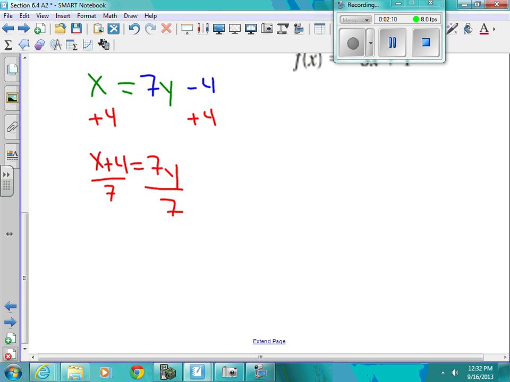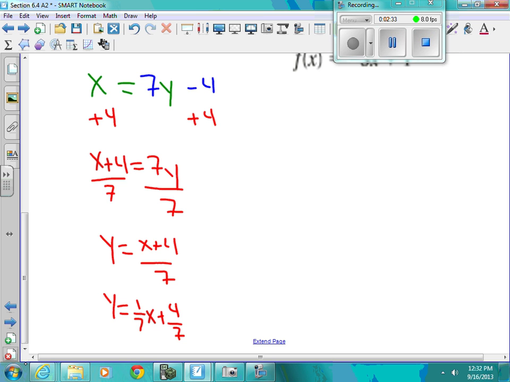And we end up with y equals (x plus 4) over 7, or y equals 1/7 x plus 4/7. Let's write that a little bit neater here. And then, of course, we want this in function notation.